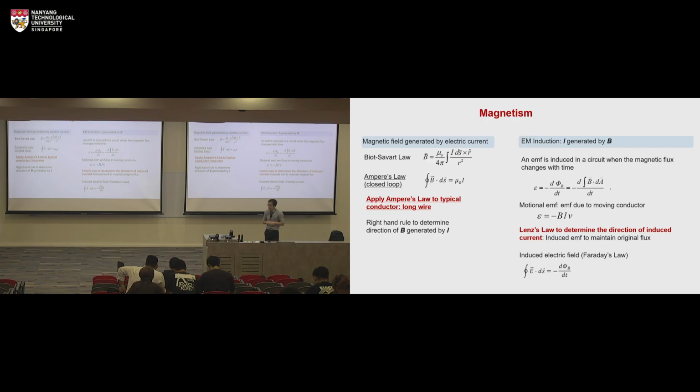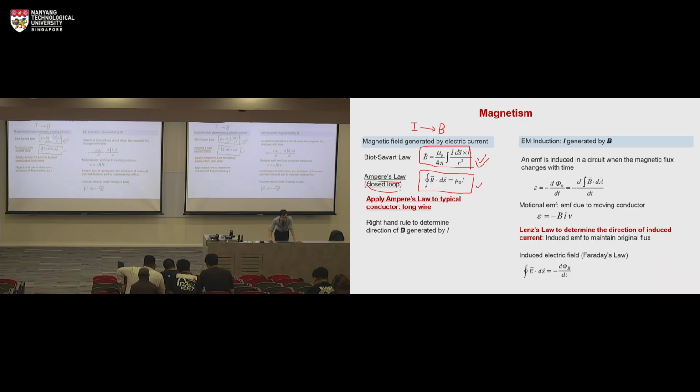And about the magnetism, first, the so-called source of magnetic field, that is from I to B. The way we quantify it, again, is by definition or by using this Ampere's law. Again, the difference between these two is that the definition applies to, in principle, any scenario. This Ampere's law only applies to a closed loop.